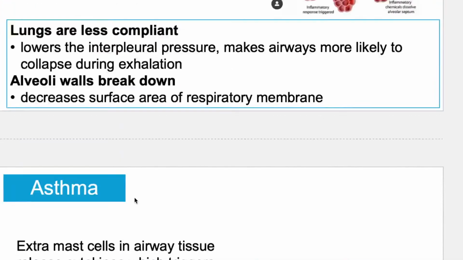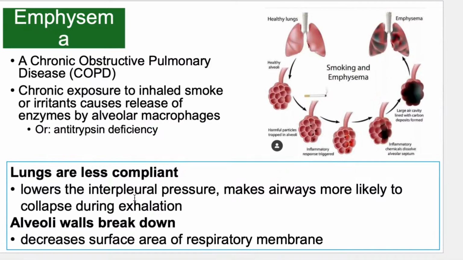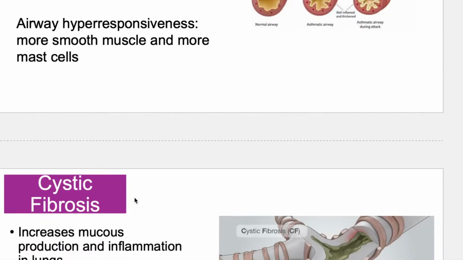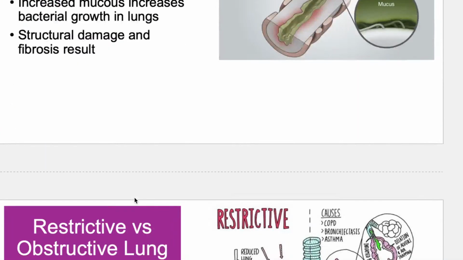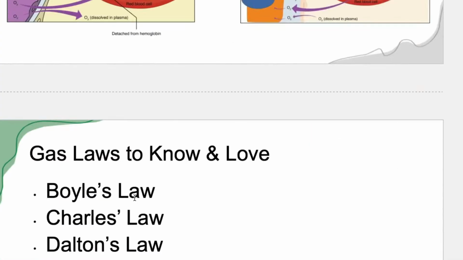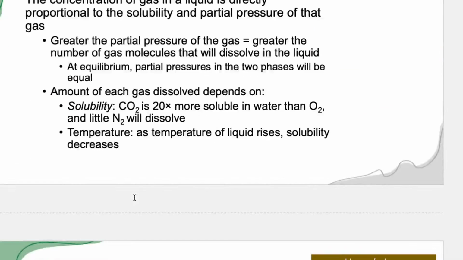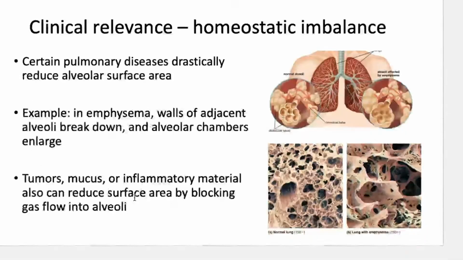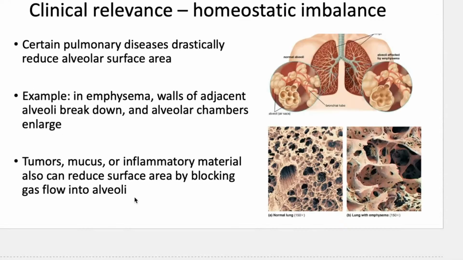basically, that trypsin is released in response to inhaled smoke or irritants that bring out alveolar macrophages, which try to clean up. The alveolar chambers enlarge.